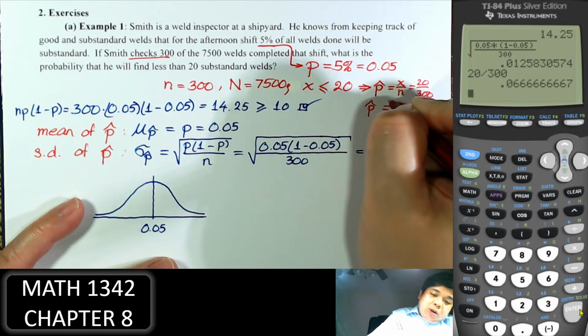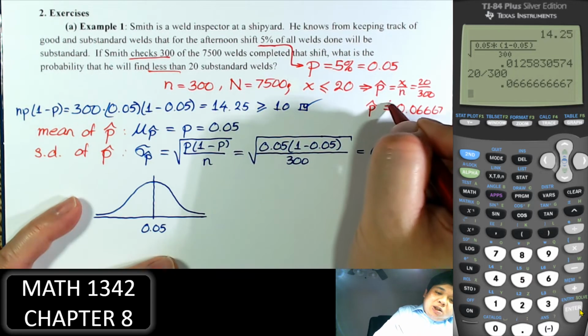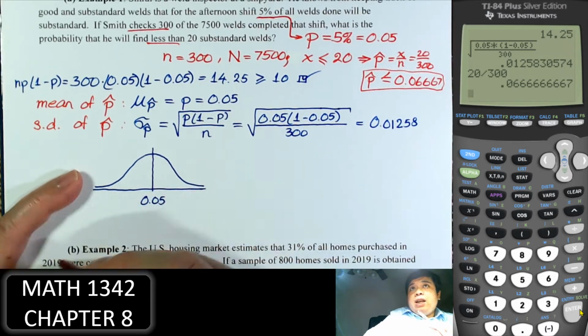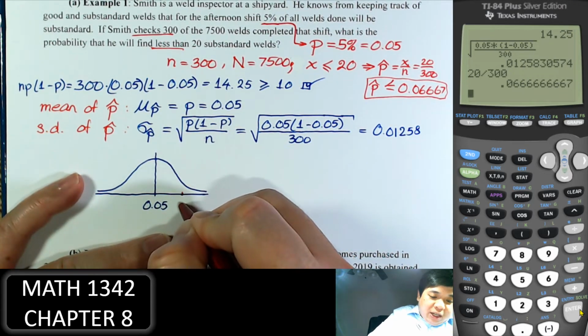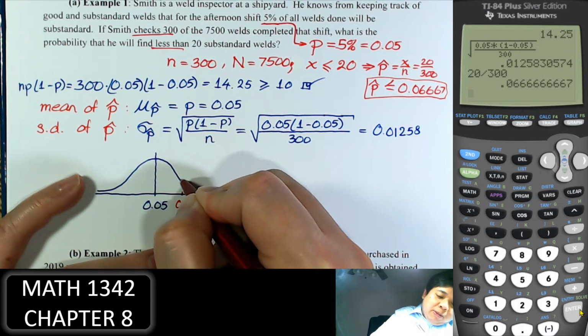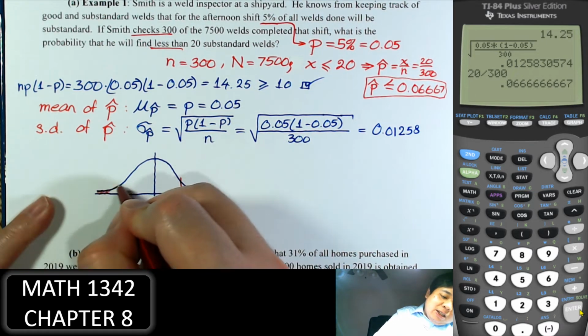And so this one we want less than that, so p hat is less than this. If we draw this in the normal curve, p hat here is 0.0667 and it's less than that.